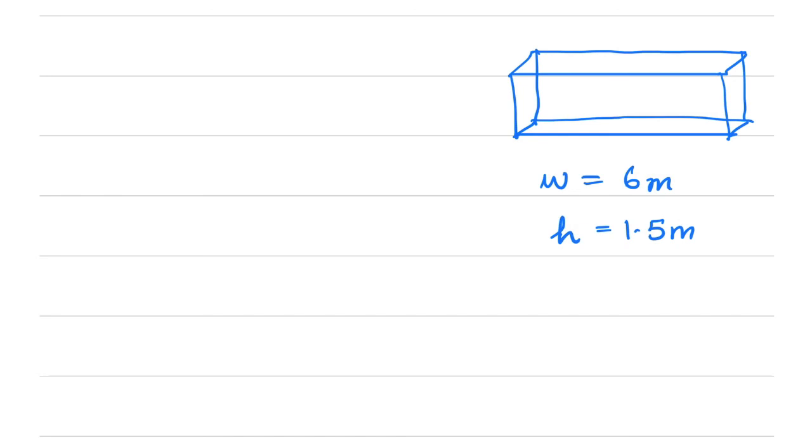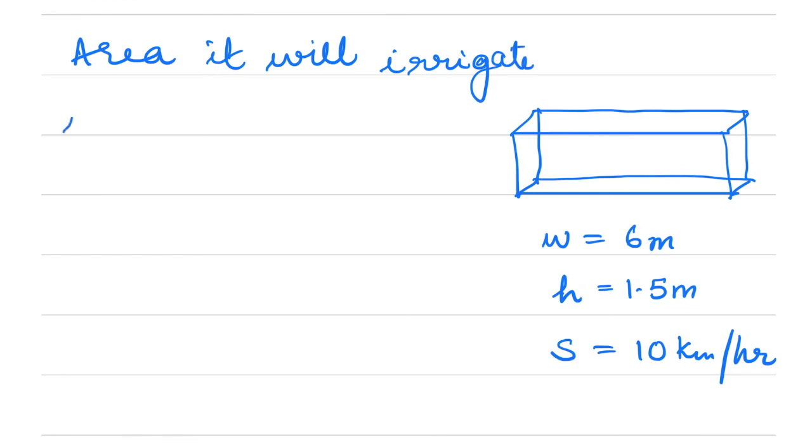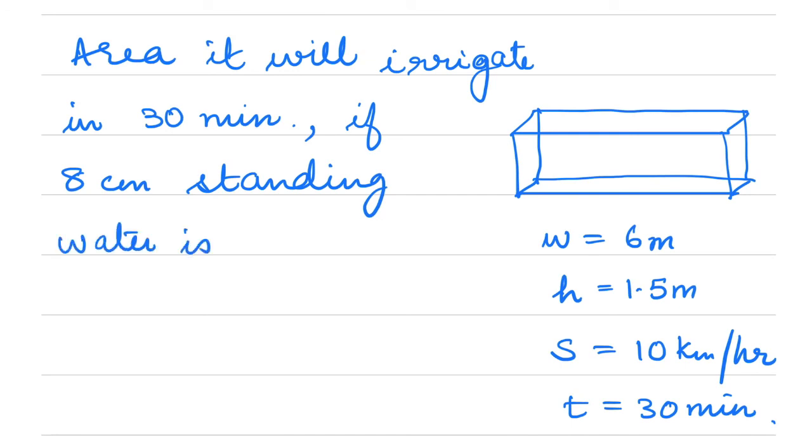It is flowing with speed equal to 10 kilometer per hour, and we have to find the area it will irrigate in 30 minutes. So time is equal to 30 minutes, and 8 centimeter standing water is needed.